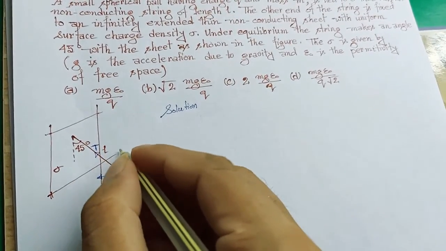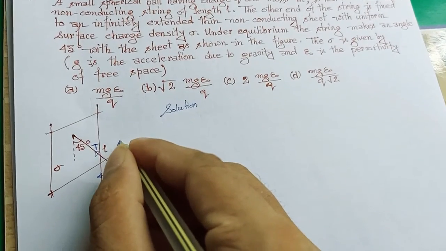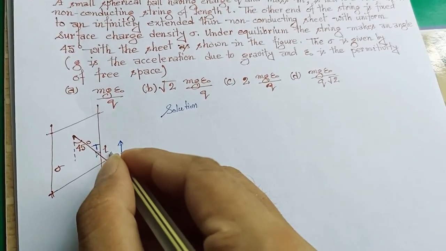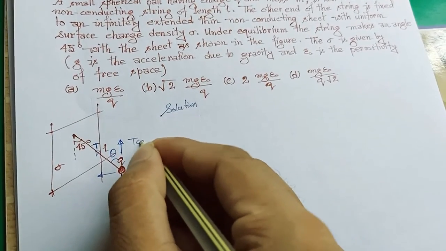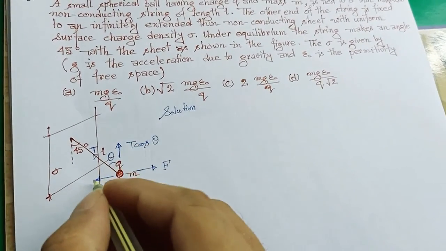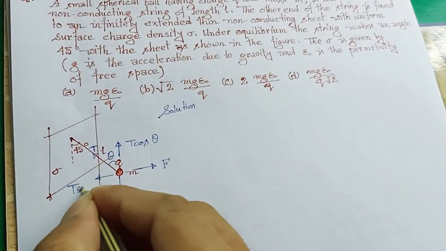into two components. In this, the angle is 45 degrees or theta, so we can write this component as T cos theta, and this component is equal to T sin theta.